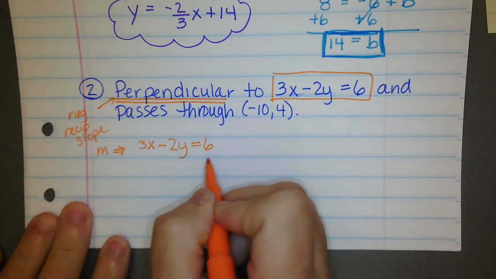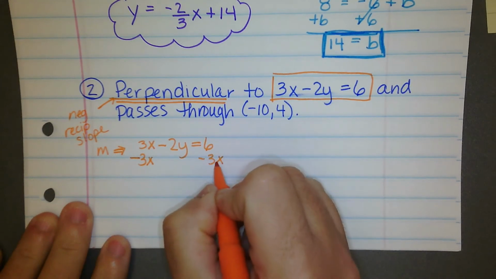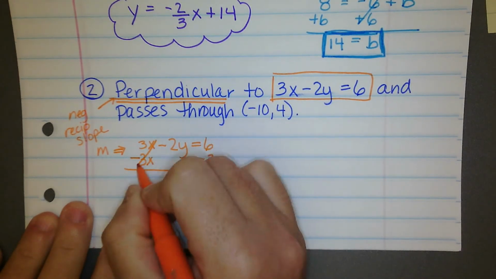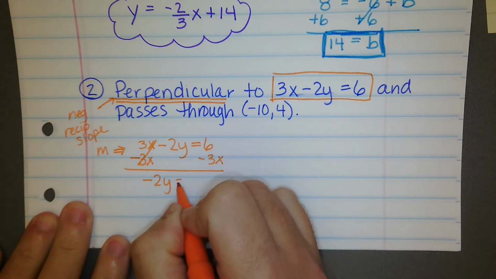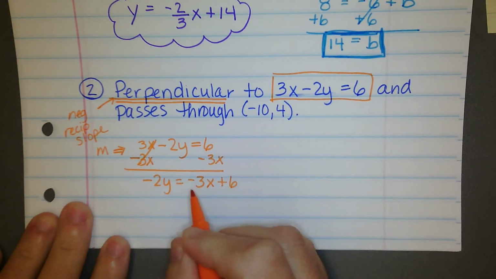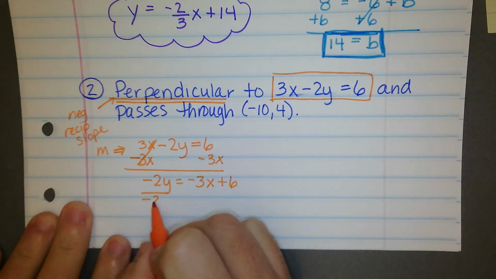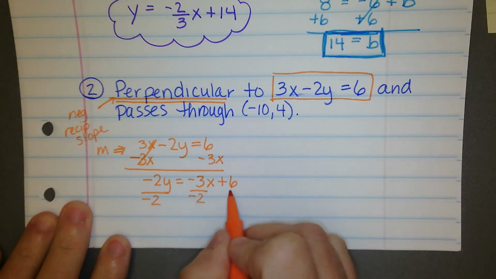I'm going to move the x over by subtracting the x term. I get negative 2y equals negative 3x plus 6. I'm going to divide everything through by negative 2. Very important that you pay attention to that negative.